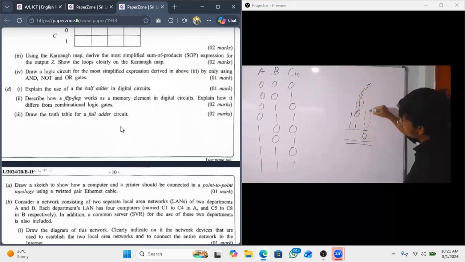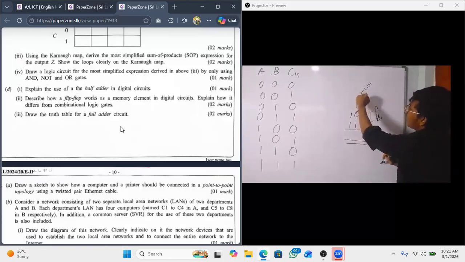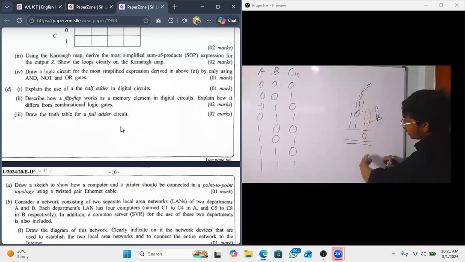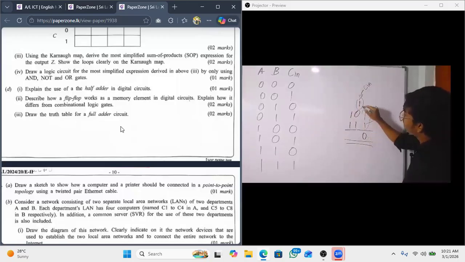You added just 2 variables, A and B, and you got the output, but you got 2 outputs: 1 bit here and the other as a carry out. That carry out you got as the carry in for this column. See, 1 plus 1, 0 and 1.